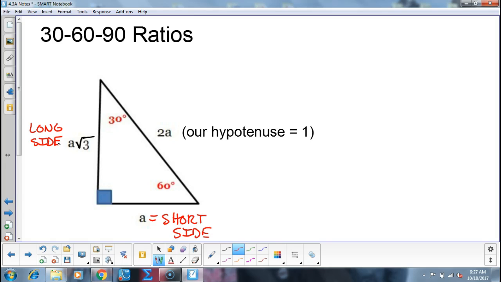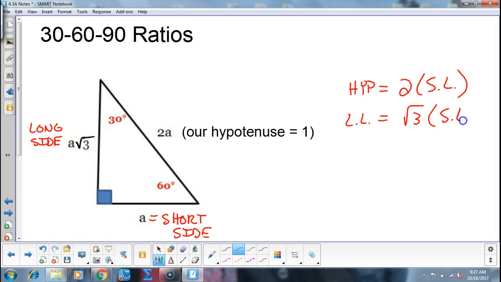So the two relationships are that the hypotenuse is equal to twice the short leg, and the long leg is equal to the square root of 3 times the short leg.